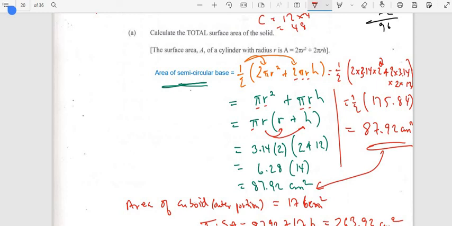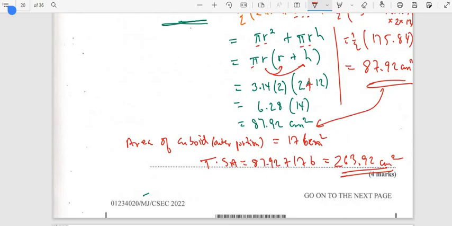Then we substitute: 2 plus 12 gives 14 times 6.28, the same answer. Once we found this area, we find the area of the cuboid, the outer portion that's available for us, 176, and then we work that out.